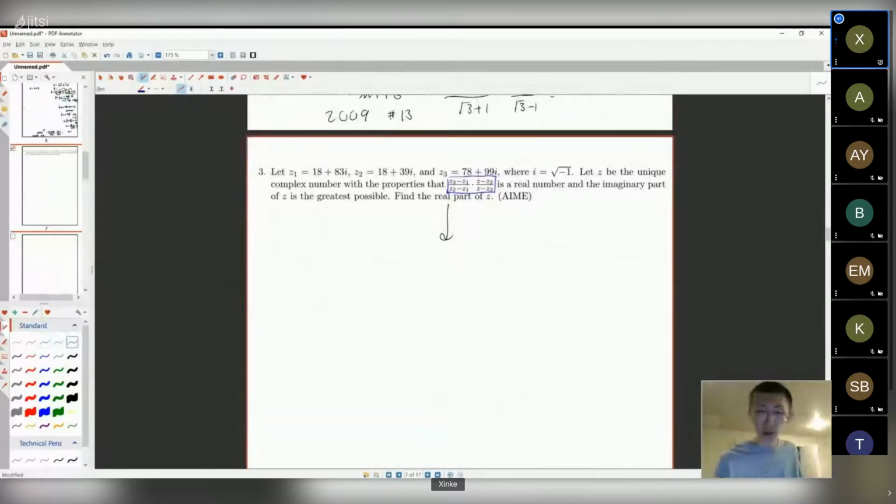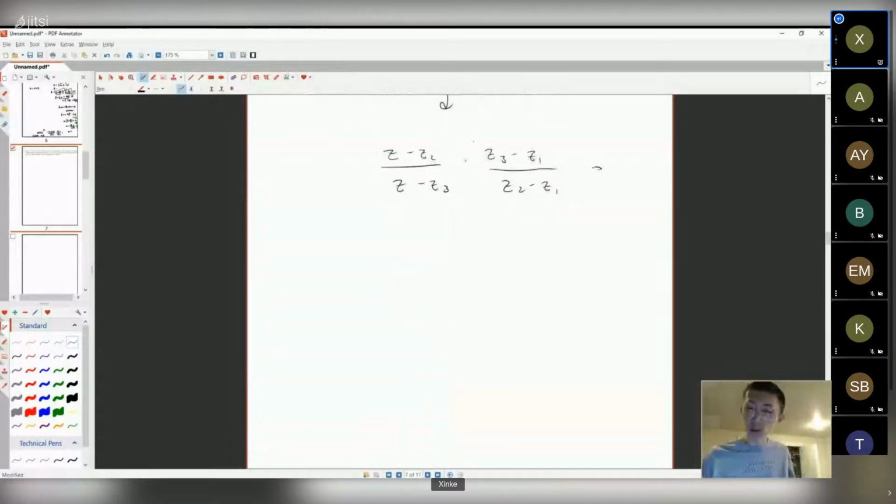So you have 3 complex numbers, Z1, Z2, and Z3, and Z is a 4th complex number with the property such that, so I'll just write it out. If you put these on a circle, this is equivalent to Z1, Z2, Z3, Z being concyclic.